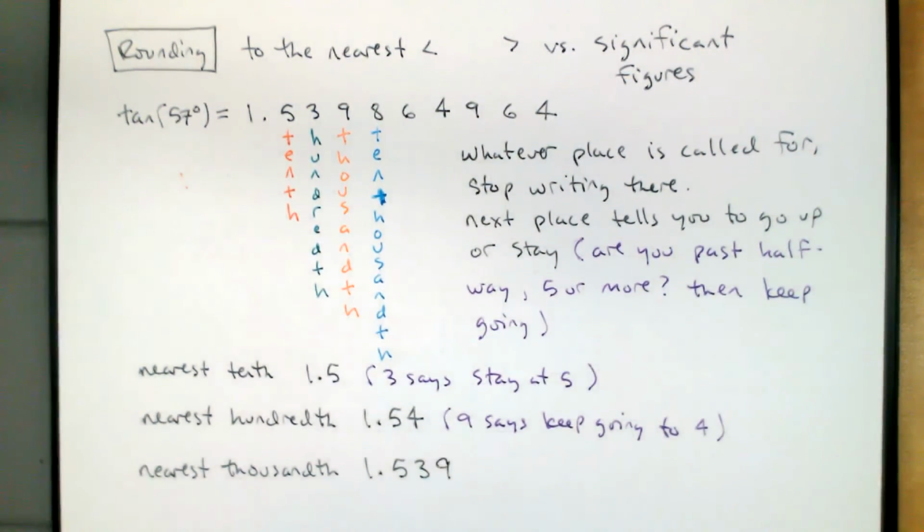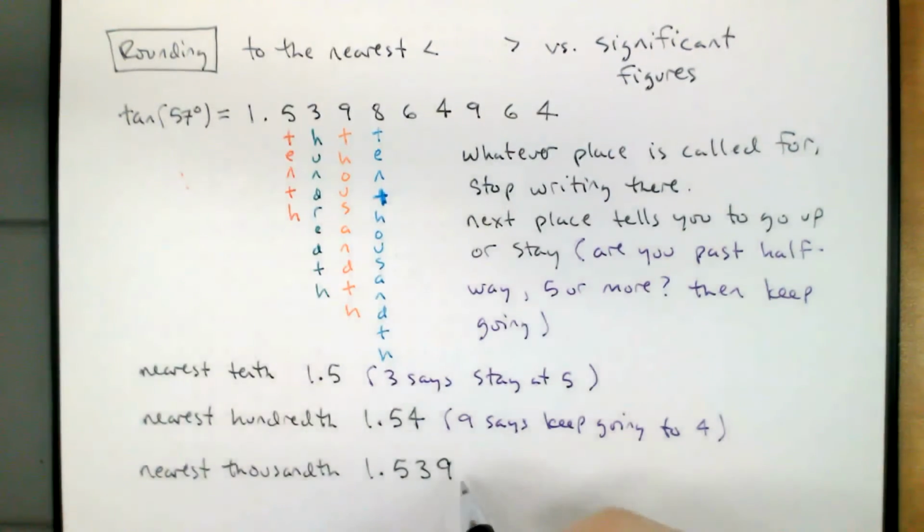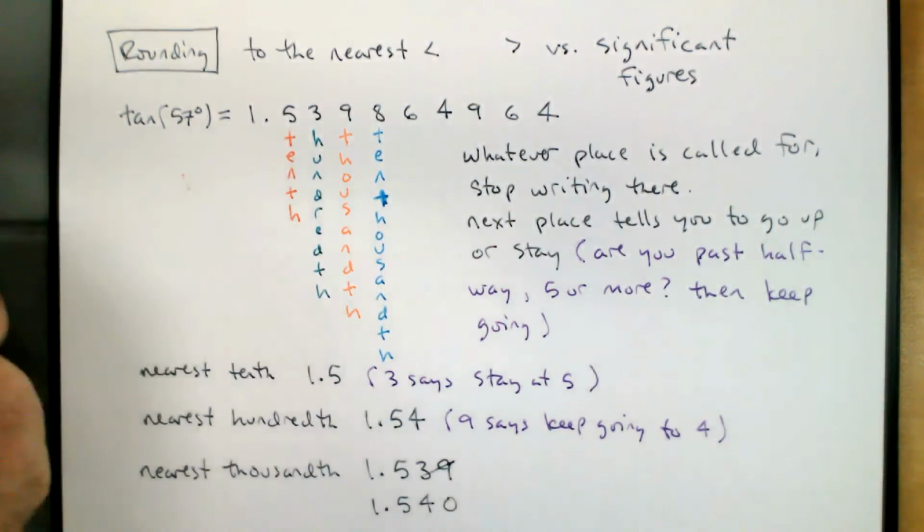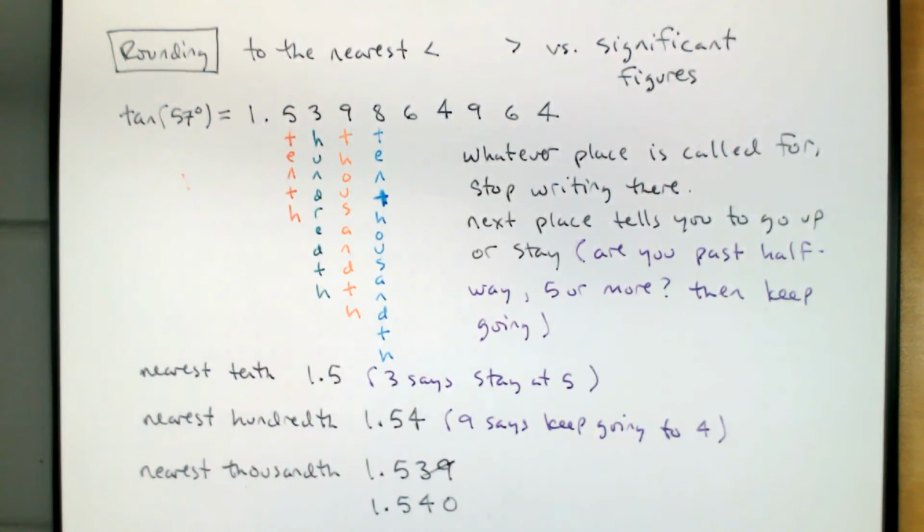But the 8, the number after the 9, is more than 5. We've passed halfway. What we want to see is that we're between 39 and 40. The 8 says we've gone past halfway, keep going to 40. So I need to push the 9 up to a 10, which pushes the 3 up to a 4. So I'd write 1.540. The 8 says don't go back to 39, keep going to 40.